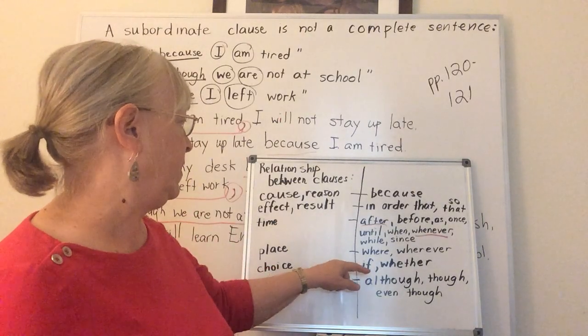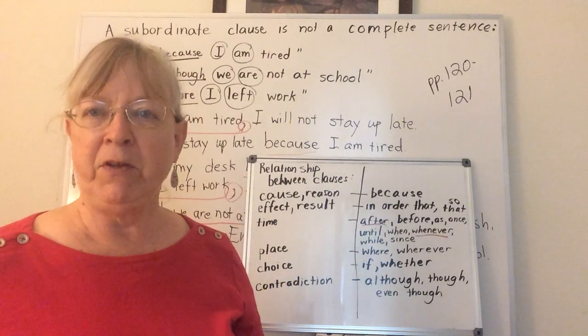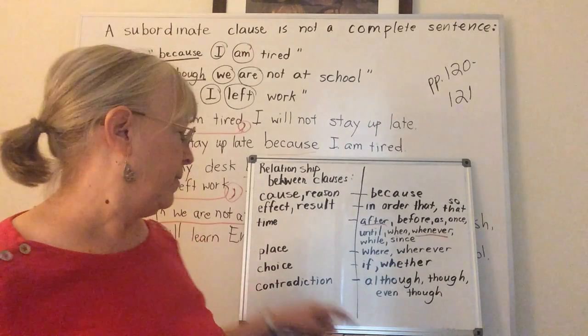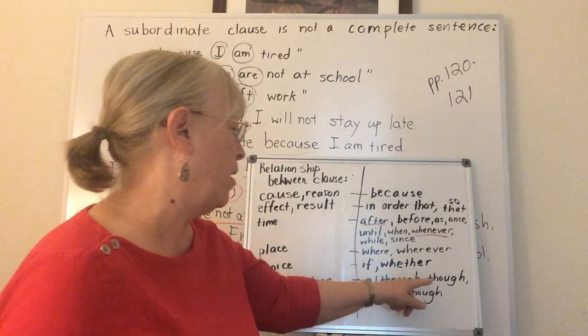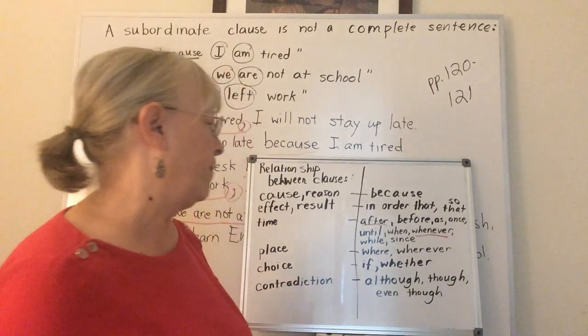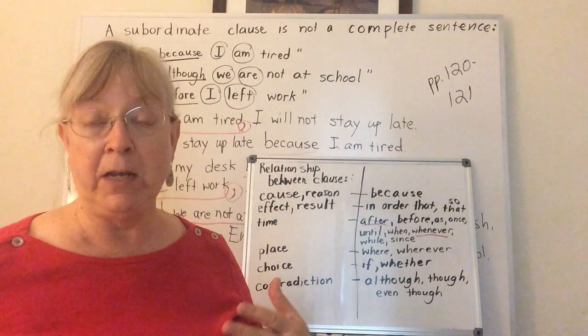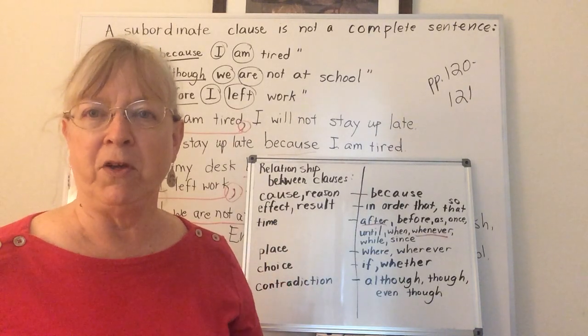Choice: if or whether. If you are feeling good, I would like to see you tomorrow. Or contradiction: although, though, or even though. Even though I haven't seen you in over a month, I still think of you often.